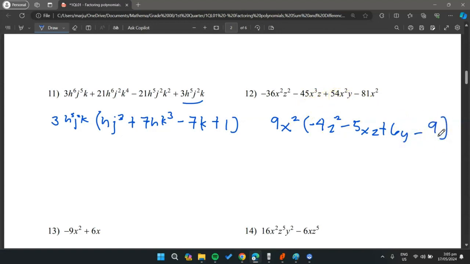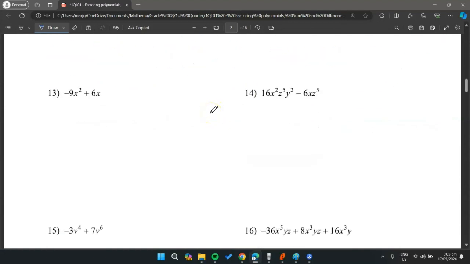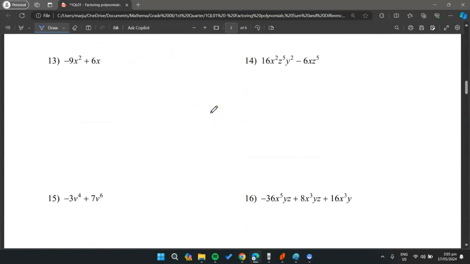So that will be our answer for number 12. Let's have number 13 up to 16.